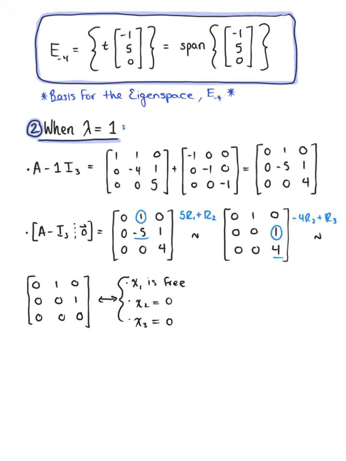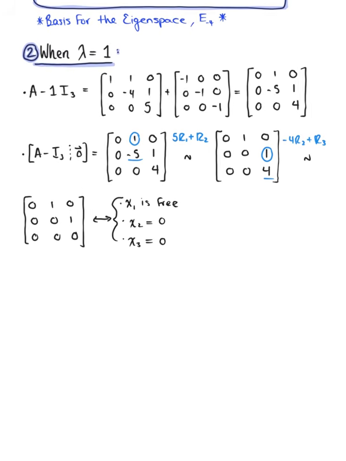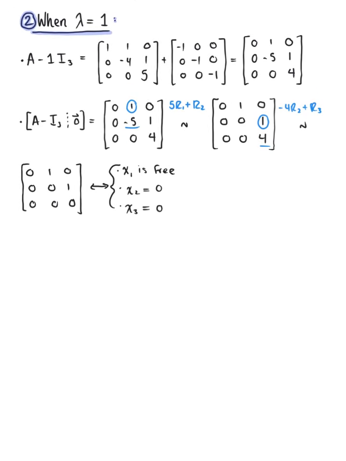So writing the solution set for all non-trivial solutions, we can say that vector x is the vector in R3 defined as x sub 1, 0, 0. So in this case, we have that scalar multiple of x sub 1 that we can pull out to the front. So we have x sub 1 times the vector 1, 0, 0. And this is such that x sub 1 is free.